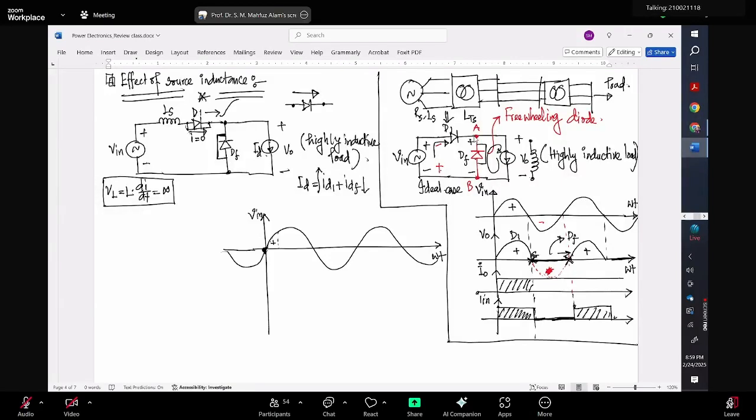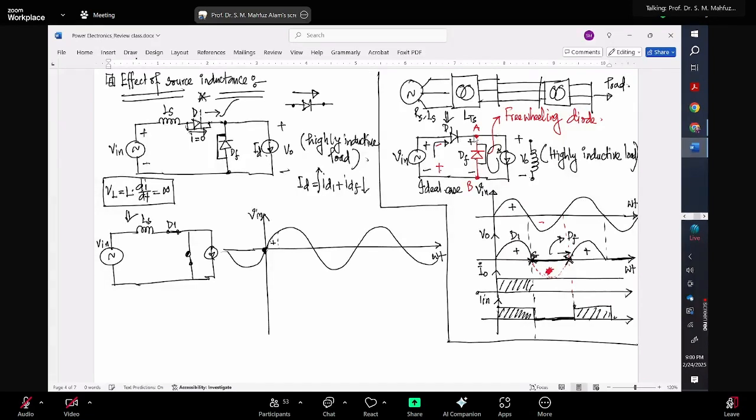Yes, sir. So now when both diodes are operating and handing over the currents, how will the circuit look? If I redraw this situation, you will have your V input, your source inductance LS, and this diode D1 short circuited, and this DF also short circuited, and then you have a current source.